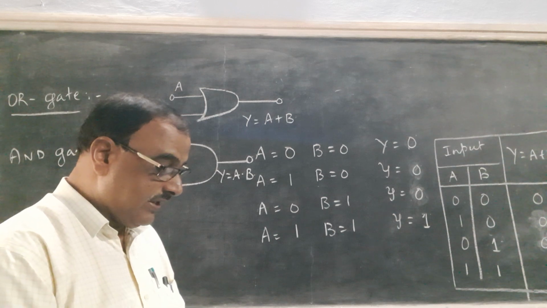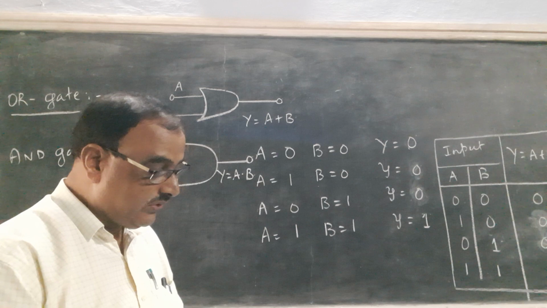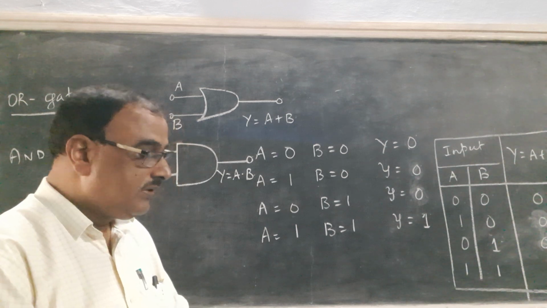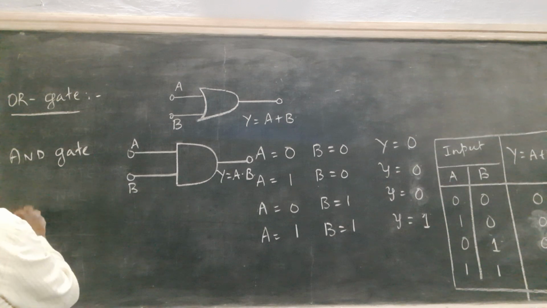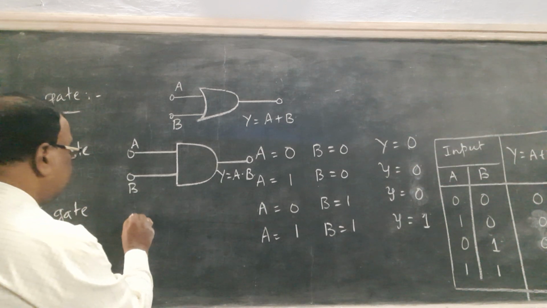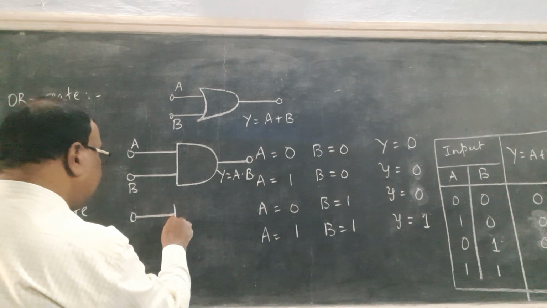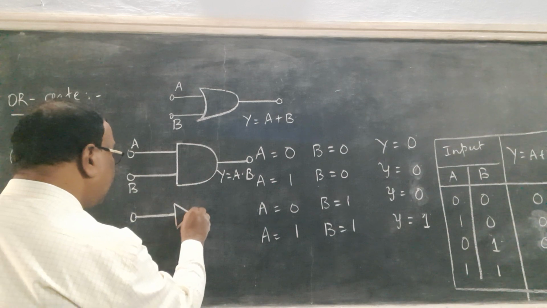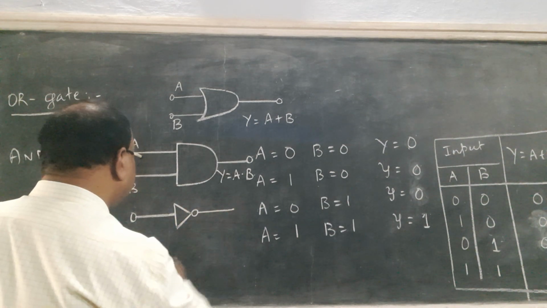So these are the AND and OR gates. Similarly, in case of negation, I already told you. A NOT gate is represented as the input A, represented in the form of a triangle, and a bubble or a small circle is there.